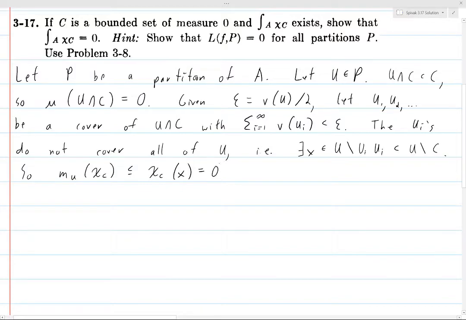So if we take the infimum over all elements of U of chi C, then we're going to get a value which is less than or equal to 0. But chi C only takes on the values 0 and 1. And so it must be the case that this infimum is precisely equal to 0.